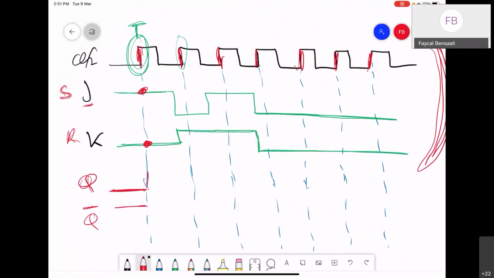It goes to 1 and stays 1 until the next rising edge. The next rising edge, what is the value of J and K? At this time, what is the value of J and K?